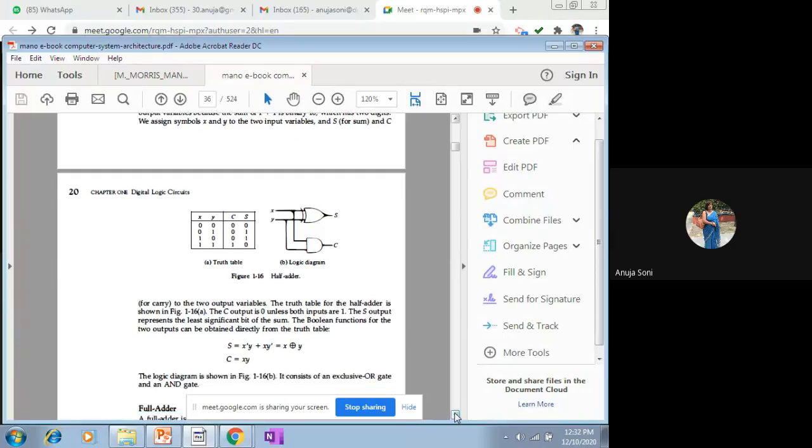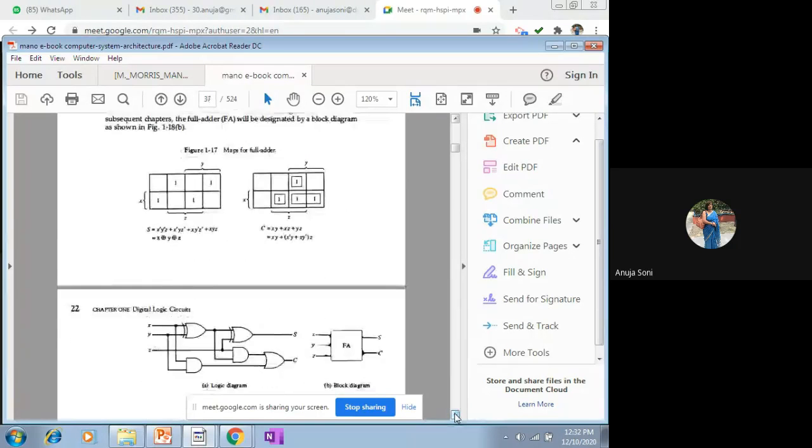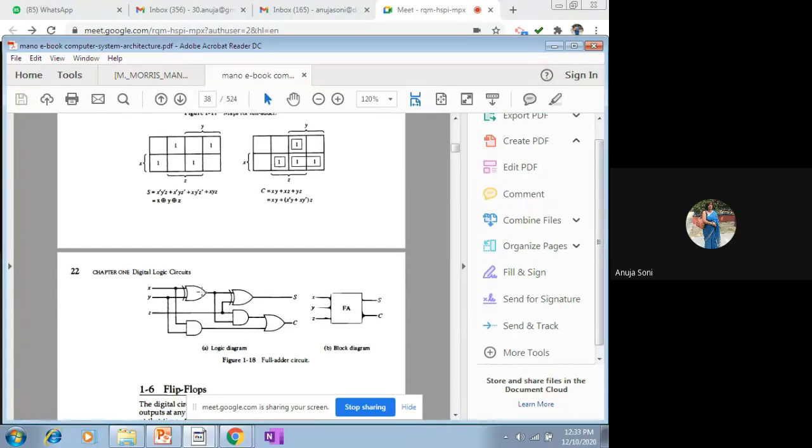नाउ इफ यू ऑब्जर्व द लॉजिक डायग्राम ऑफ फुल एडर, यहाँ पर भी एक एक्सक्लूसिव और एक एंड गेट, एक एक्सक्लूसिव और एक एंड गेट, मींस दिस इज वर्किंग एज वन हाफ एडर, this is another half adder, and this full adder is the connected series of 2 half adders.